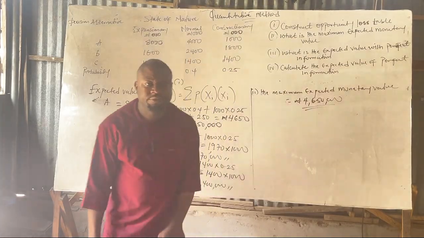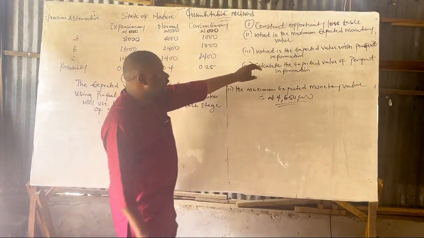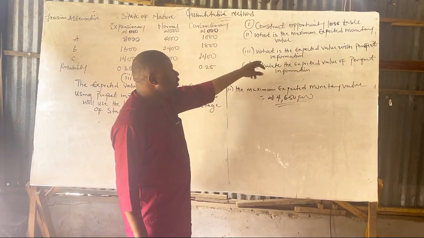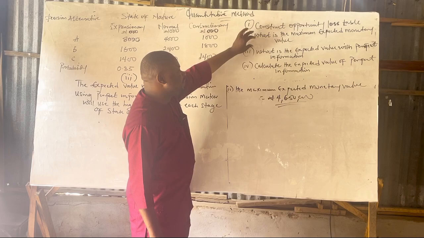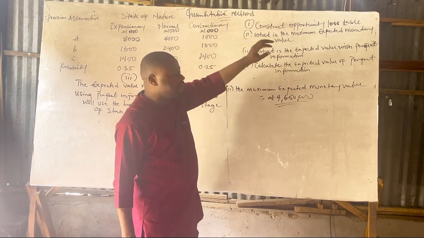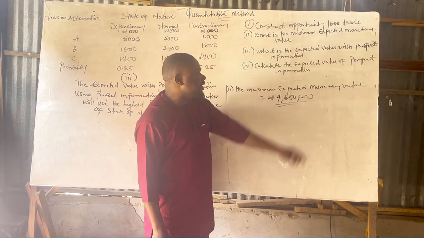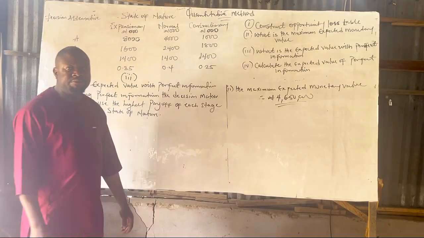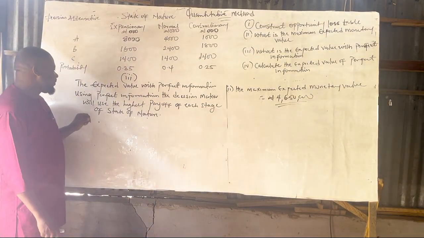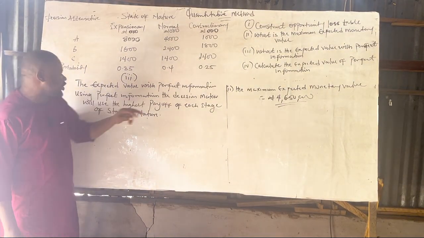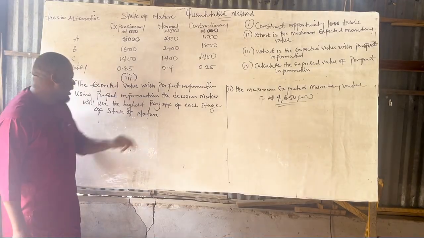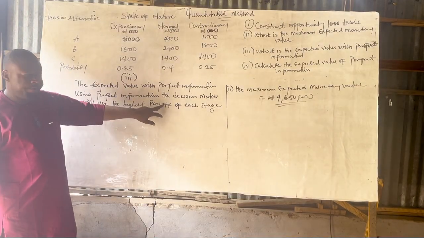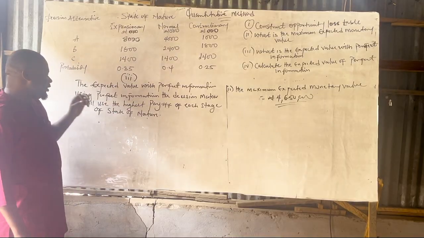Now the third one we want to solve is, what is the expected value with perfect information? Remember we are done with the maximum expected monetary value. Now take note that for the expected value with perfect information, the decision maker will use the highest payoff of each state of nature.